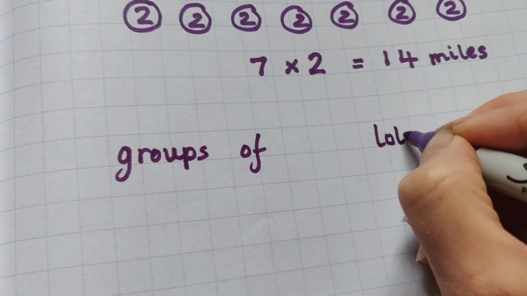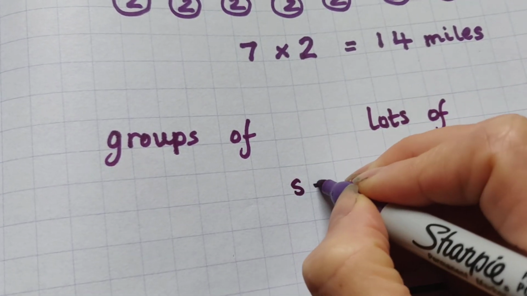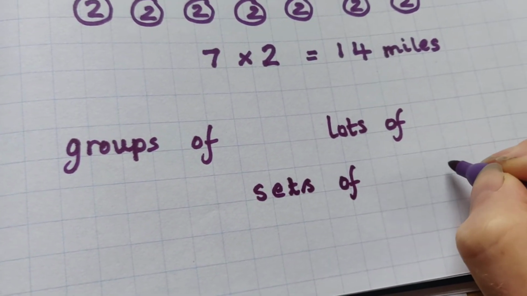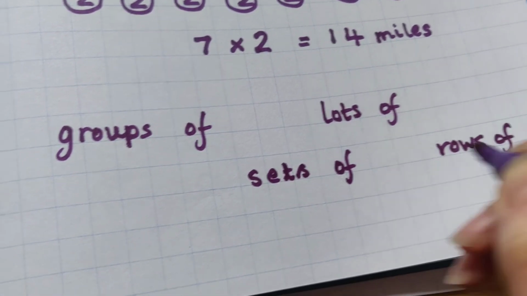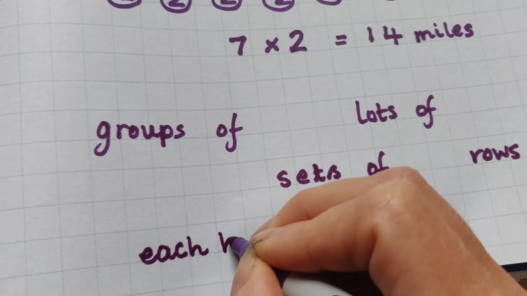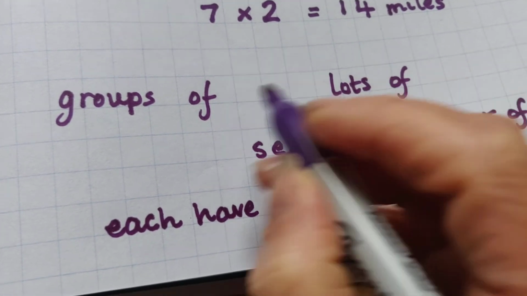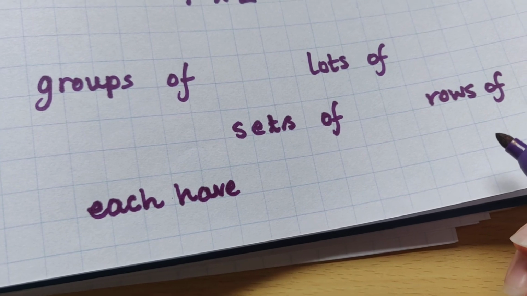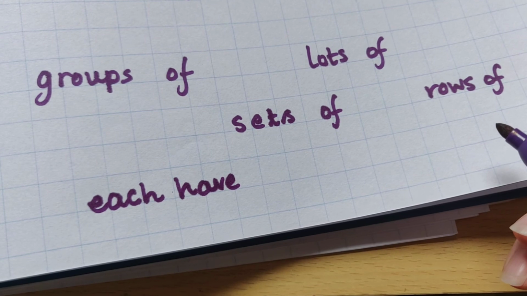It might say lots of, it might say sets of, or rows of, or each have, because that tells you there's a group of it if each have. Okay, so those are sort of words you might look out for, give you a clue that it's a multiplication, or similar words. Just try and visualise it in your head what the problem is actually asking you to do.